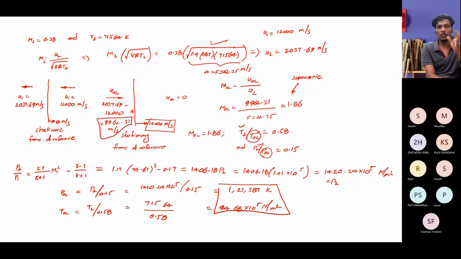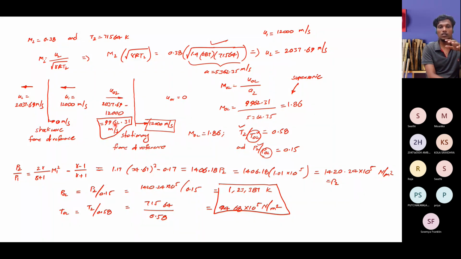When it is crossing with this particular velocity, we calculated that it can induce a velocity of approximately 9,962, that is 9 kilometers per second, behind the normal shock wave, and that travels along the shock wave. So this is what is happening in the stationary frame of reference.